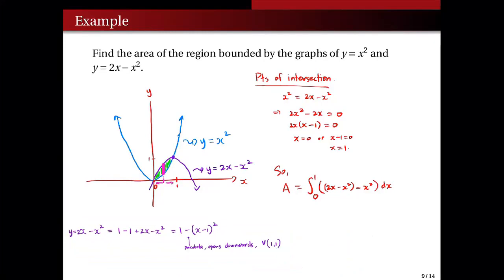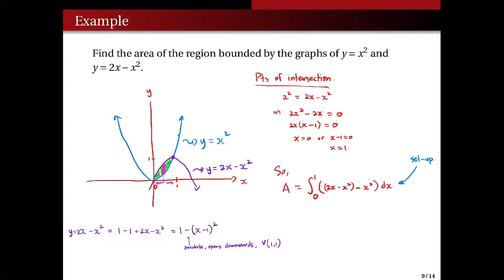Now listen. This we call the setup, the setup in order to find the area of the region. There will be times where I will only ask for the setup. If I only ask for the setup, you will only write up to this point. For example, set up the definite integral that will give the area. So it's just this.